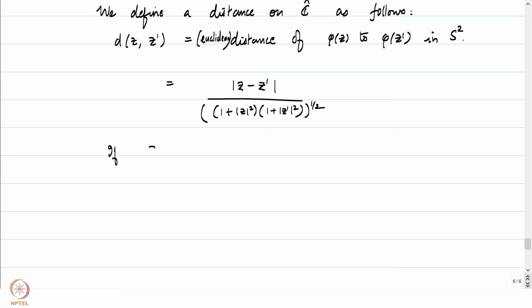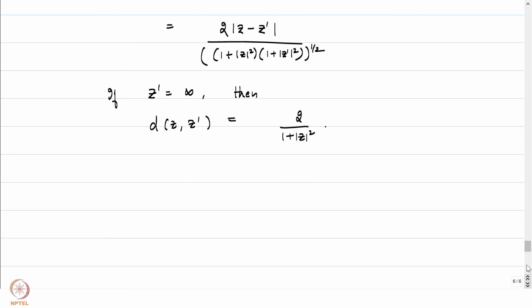If one of them is, say, the point at infinity, then d of z, infinity is just going to be equal to, oh, I missed a 2 here, 2 by the square root of 1 plus mod z square.